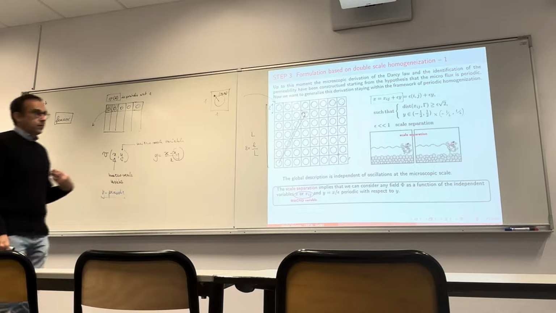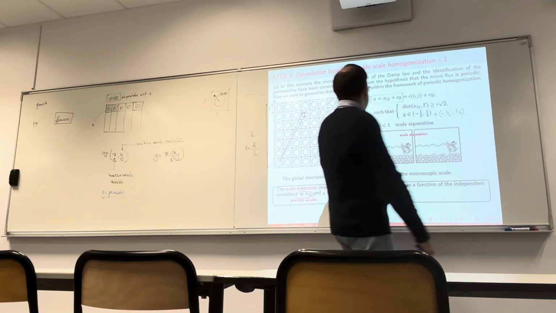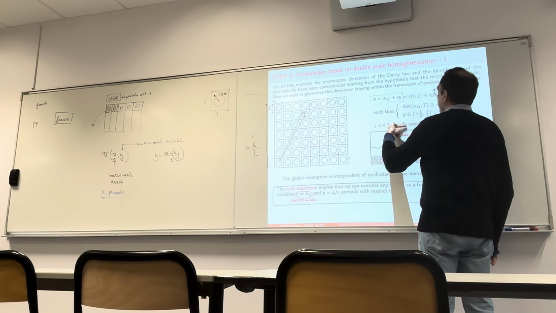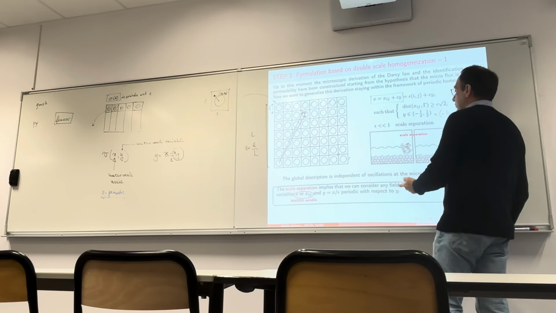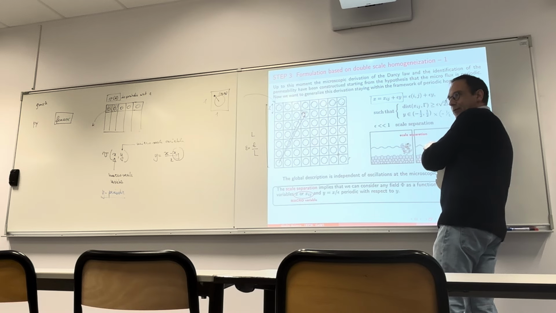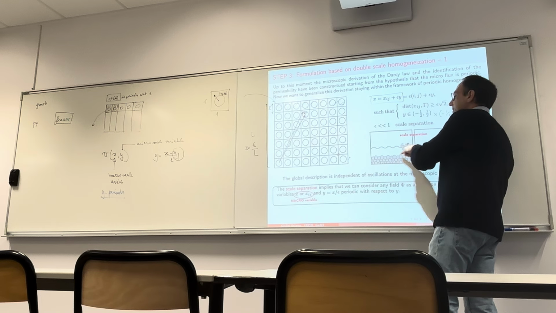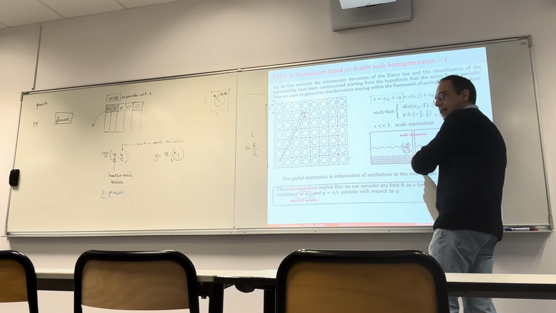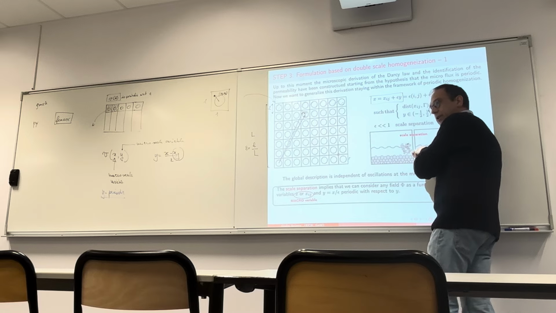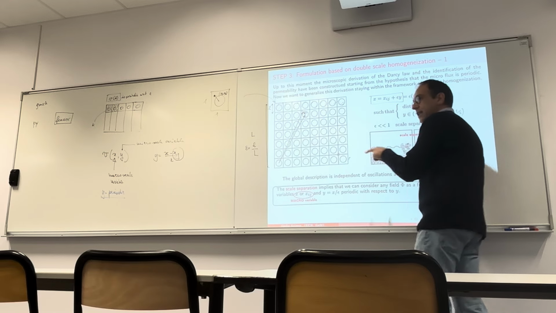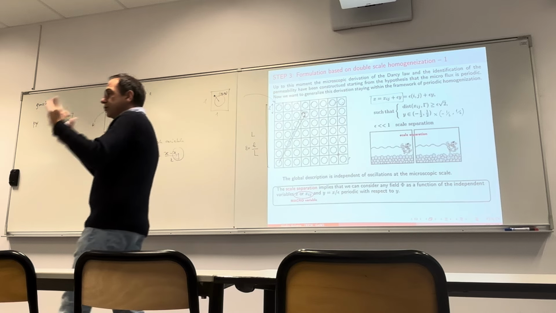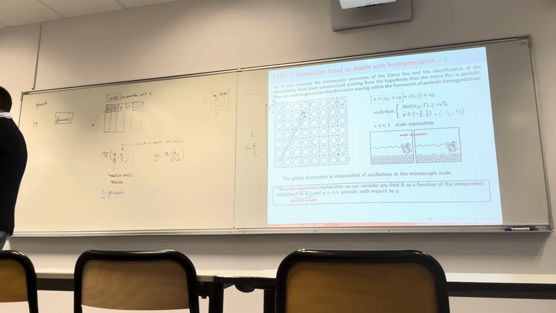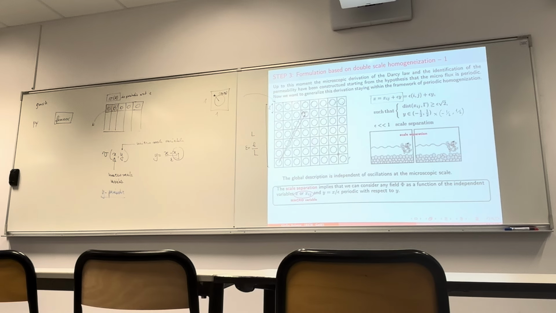The key assumption is this: according to the fact that we separate scales, we do not expect to have this kind of behavior, so oscillations at the microscopic scale directly inducing oscillations at the macroscopic scale. Oscillation at the microscopic scale will only affect average quantities that we will later use in the macro scale analysis. Okay.